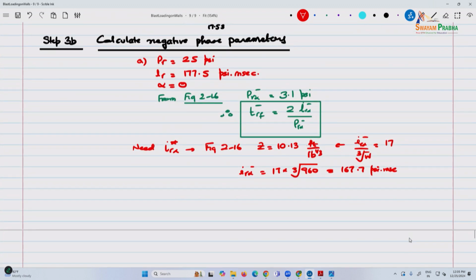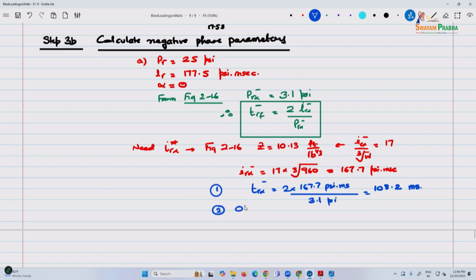So from this, now we can calculate TR alpha negative is 2 times 167.7 psi divided by 3.1. This value is 108.2. So that's one.